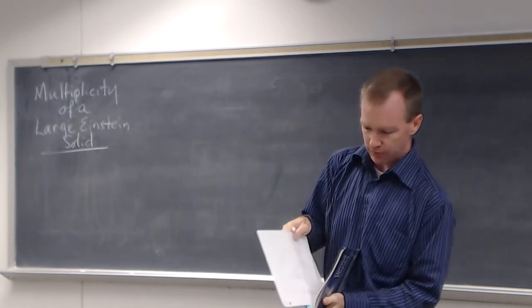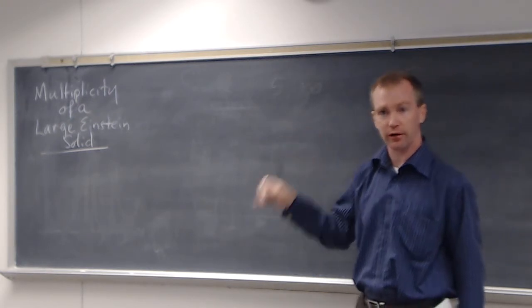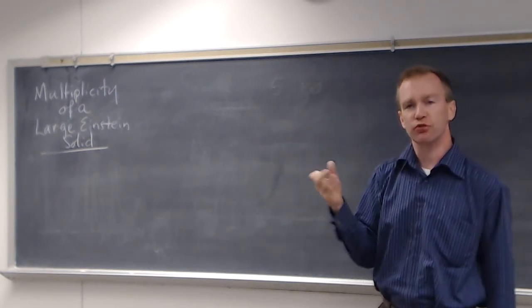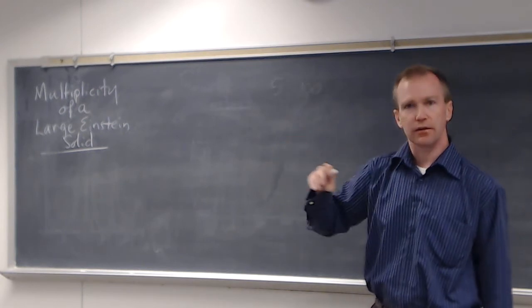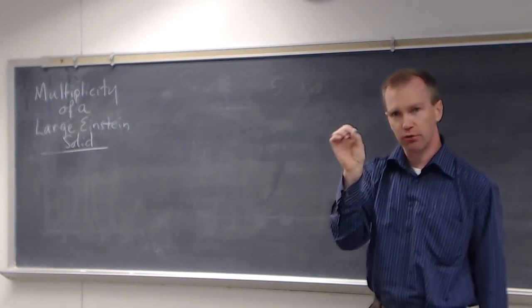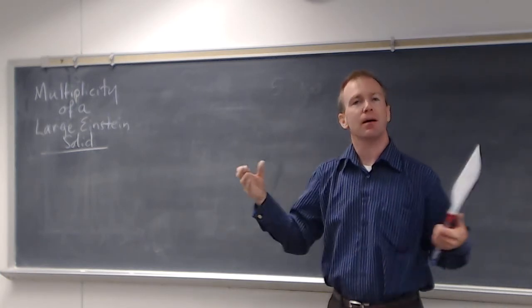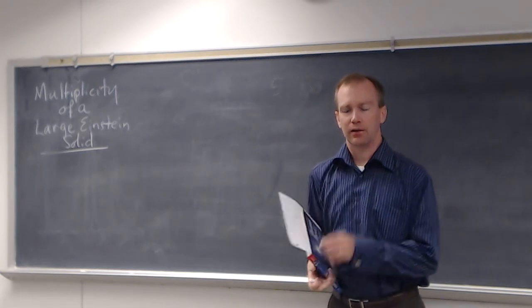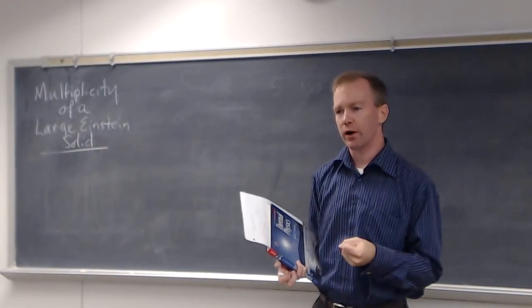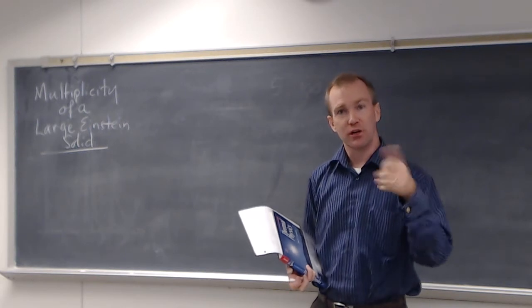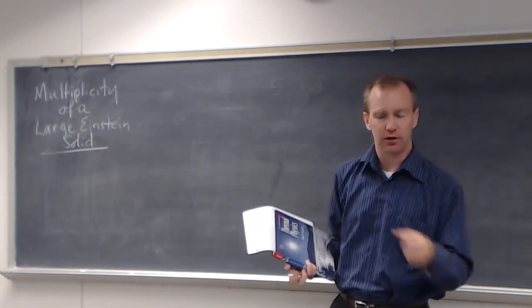So, first we've got to remember what the formula for the multiplicity of an Einstein solid is. And remember, the meaning of the multiplicity is the number of ways the system can be arranged at the microstate level for any given macrostate. And again, a macrostate is going to be large-scale measurements, maybe how much energy total, how many units of energy there are, how many oscillators there are.